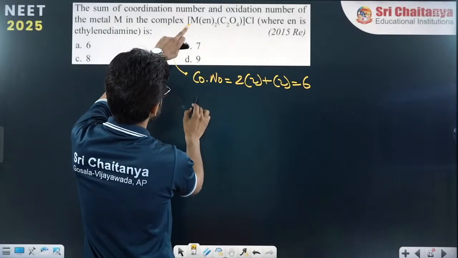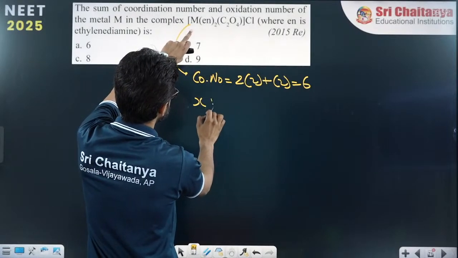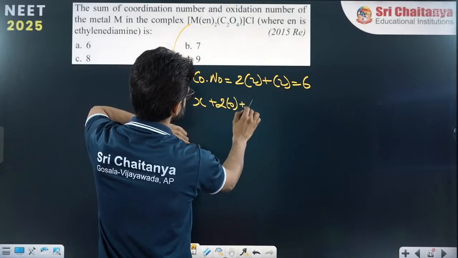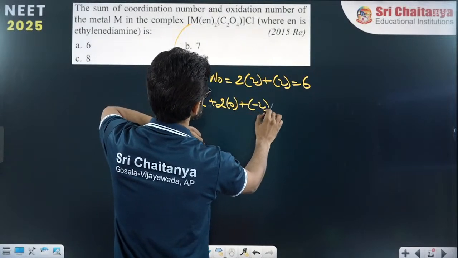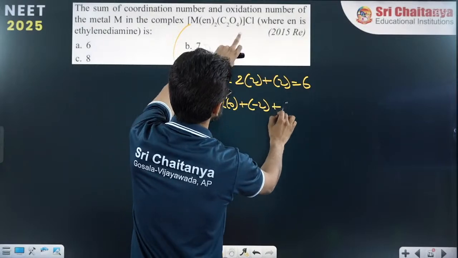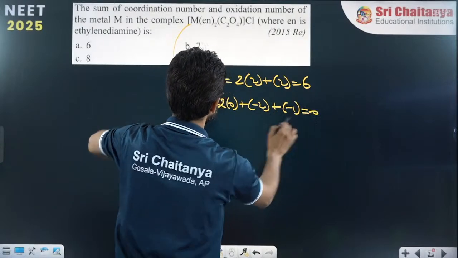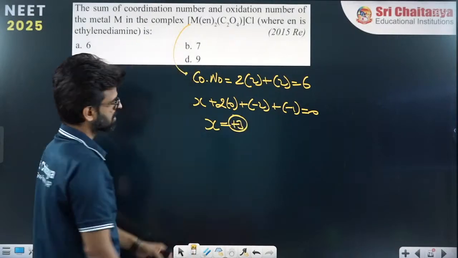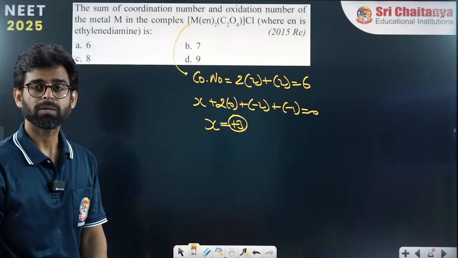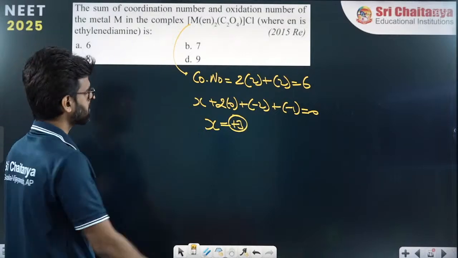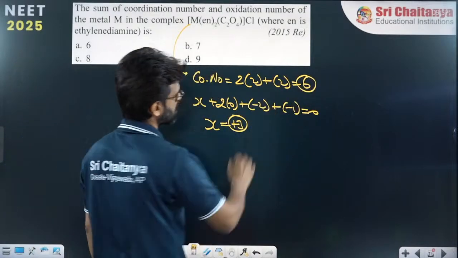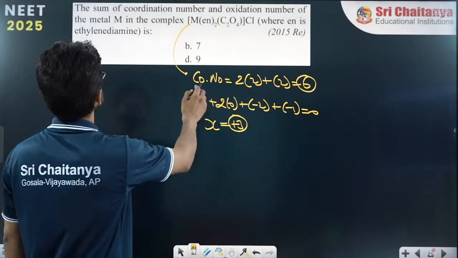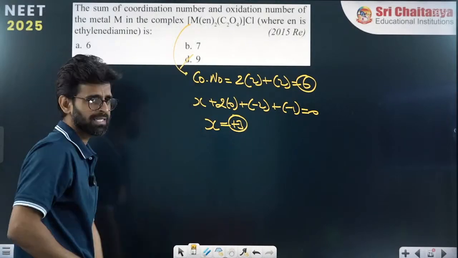If you go for the oxidation state, X for the metal, en is a neutral ligand, C2O4 has a -2 charge, and chlorine also, how much charge? -1 charge. So X comes out to plus 3, right? So 3 is the charge on the metal ion, and coordination number is how much? 6, right? So 6 and 3, 9. They are asking the sum. 6 and 3, 9. Okay.